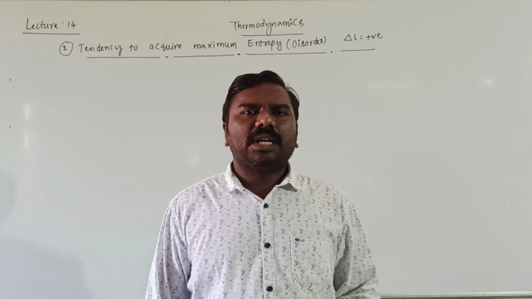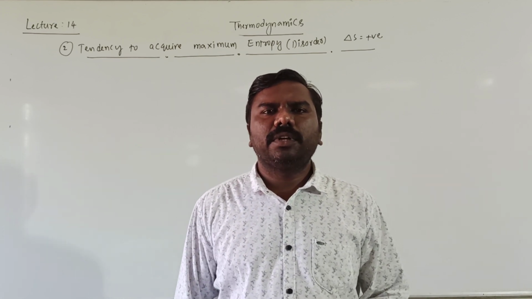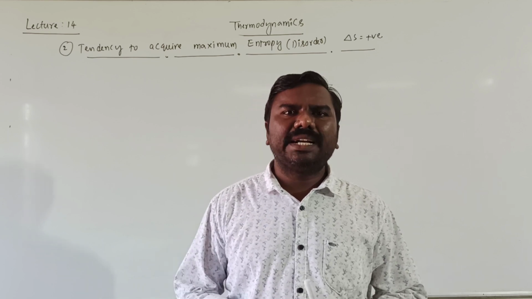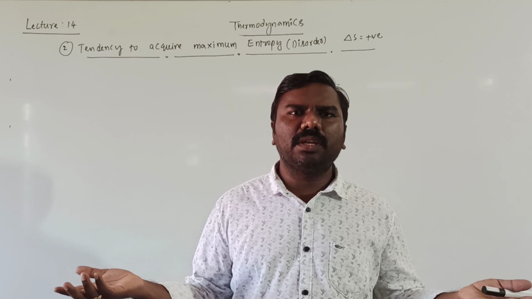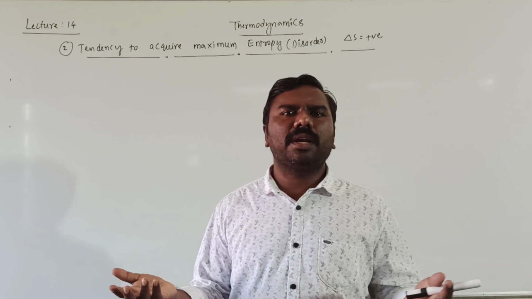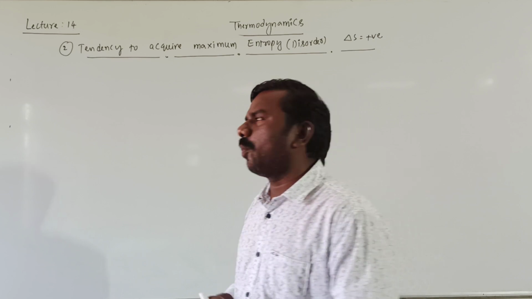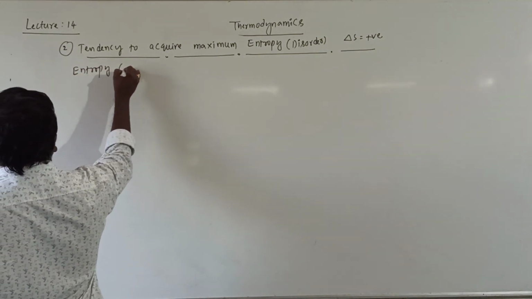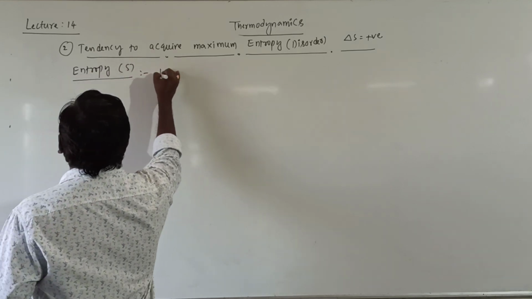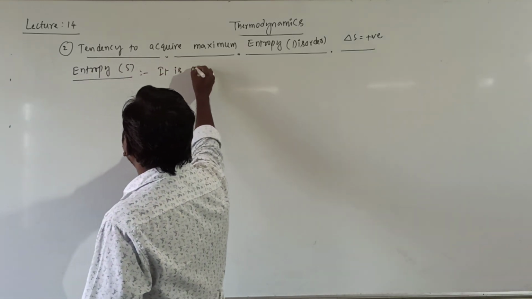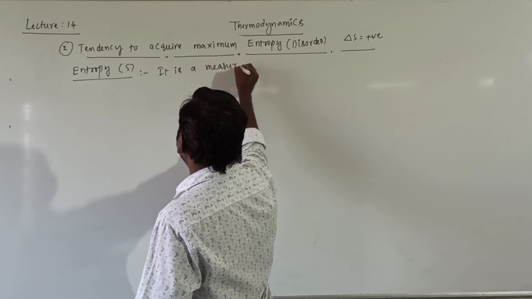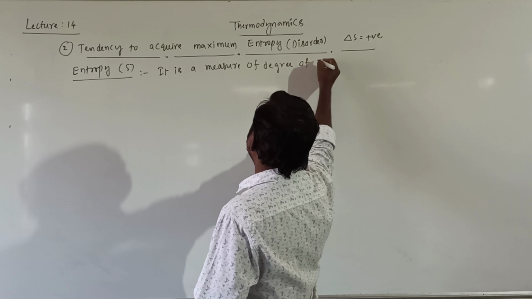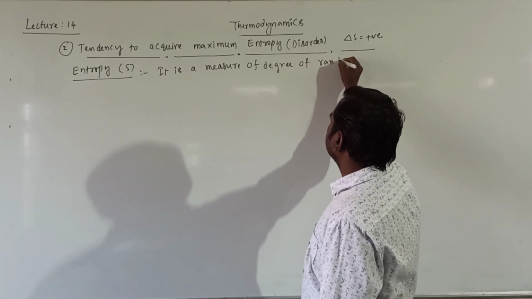Entropy means a degree of randomness, a measure of degree of randomness, disorder in a molecule or in a particular substance, called entropy. Entropy is indicated by S. It is a measure of degree of randomness.